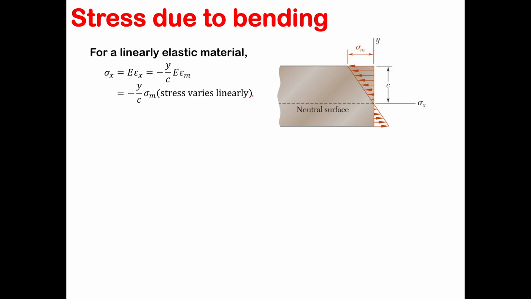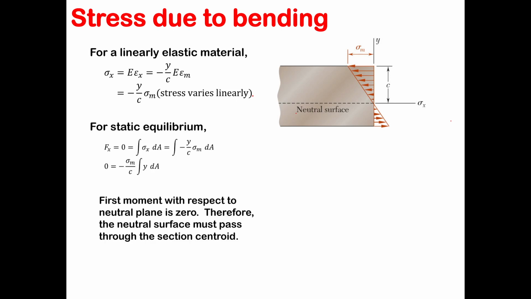You can actually replace these two with a maximum stress as well, which means that you're going to find a relationship between your stress at each location and your maximum stress, and they're going to change linearly. Sigma x is negative y over c multiplied by sigma of m.